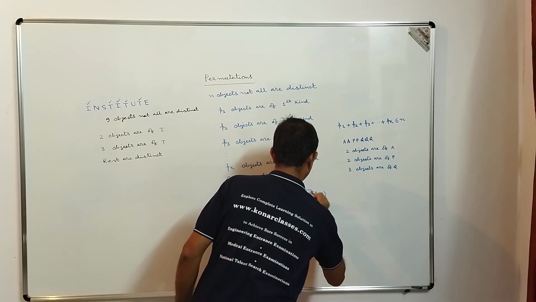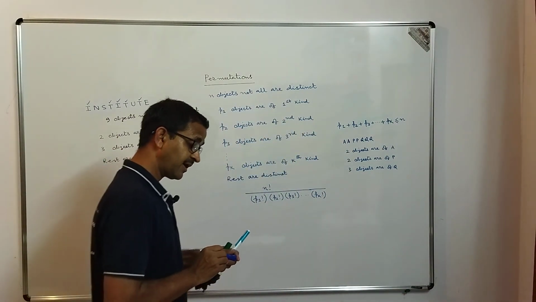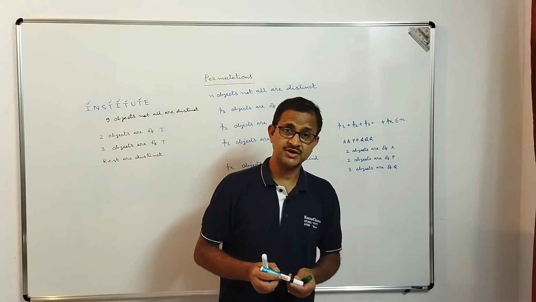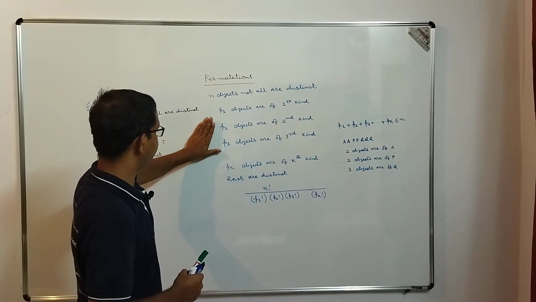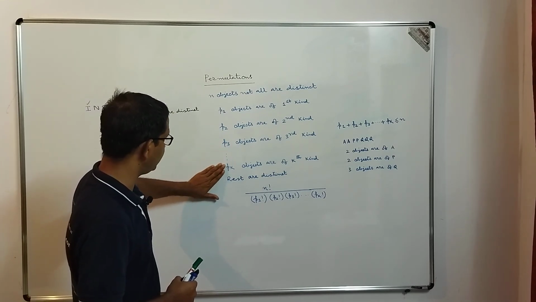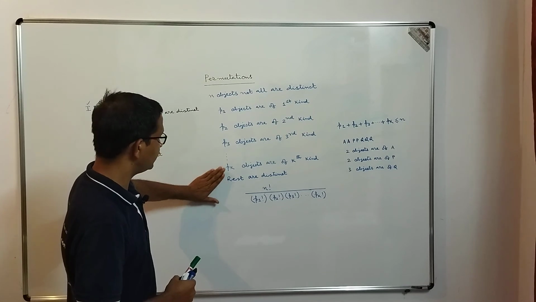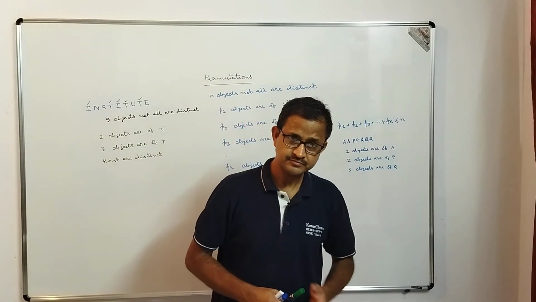These are the possible number of arrangements when n objects are not all distinct, and P1 objects are of first kind, P2 objects of second kind, P3 objects of third kind, and in that way Pk objects are of kth kind, and the rest are distinct, which is optional. So this is the formula.